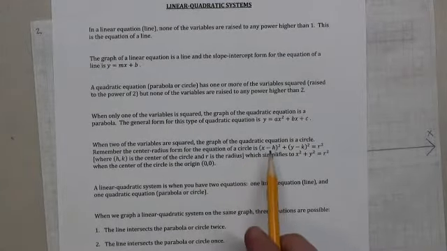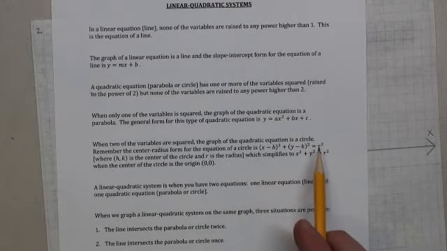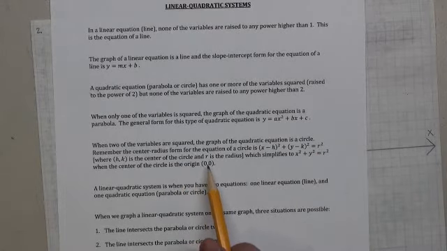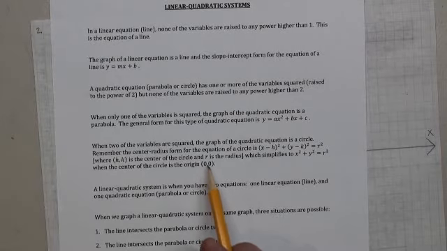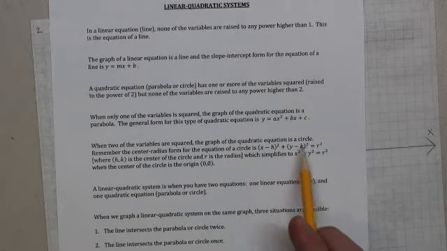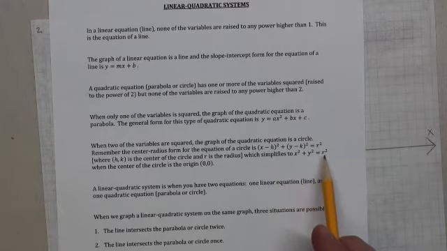Here's the equation of a circle: (x minus h) squared plus (y minus k) squared equals r squared. But when the center of the circle is at the origin, at 0, 0, that means h and k are 0 and 0. So if I plugged in a 0 for h and a 0 for k, and I simplified this, I would get x squared plus y squared equals r squared.